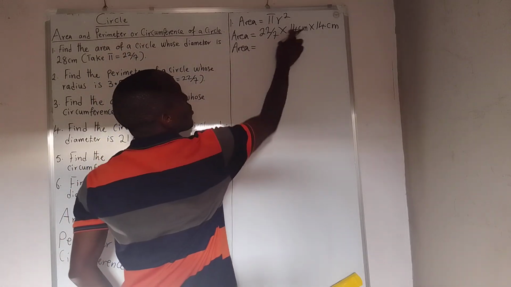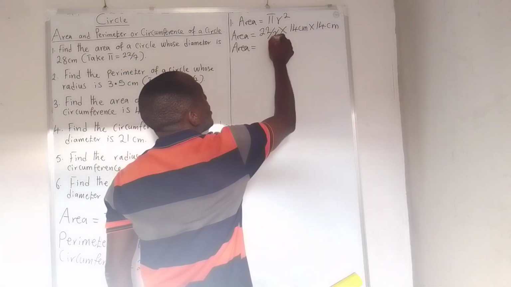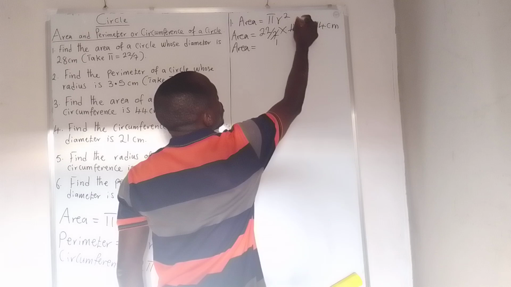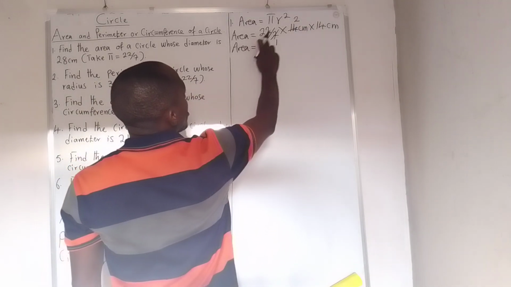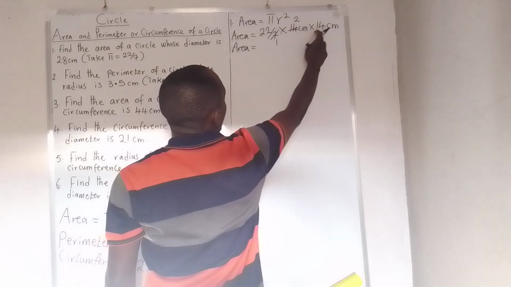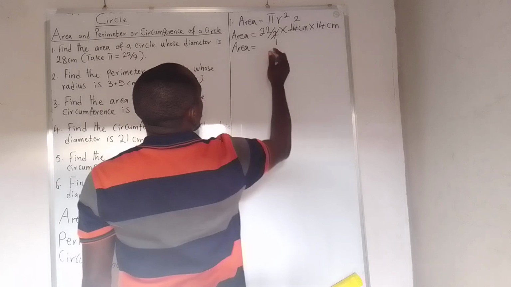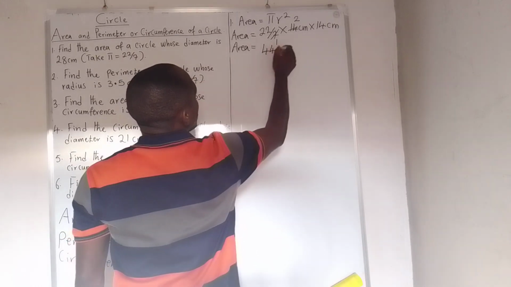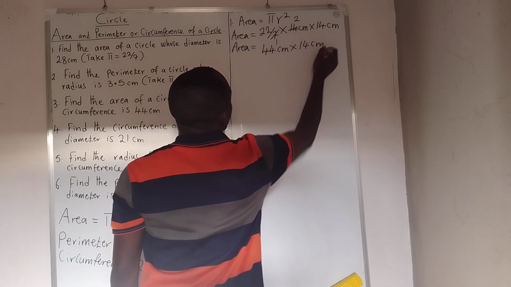If you look at it, you discover that 7 can actually divide 14. So 7 into 7 is 1, 7 into 14 is 2. So we are left with 22 multiplied by 2 multiplied by 14 centimeter. Let's quickly multiply: 22 times 2 gives us 44 centimeter multiplied by 14 centimeter.